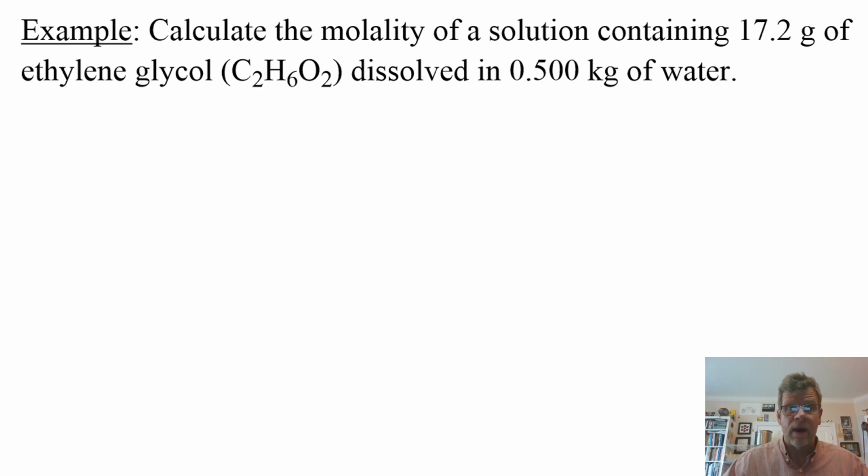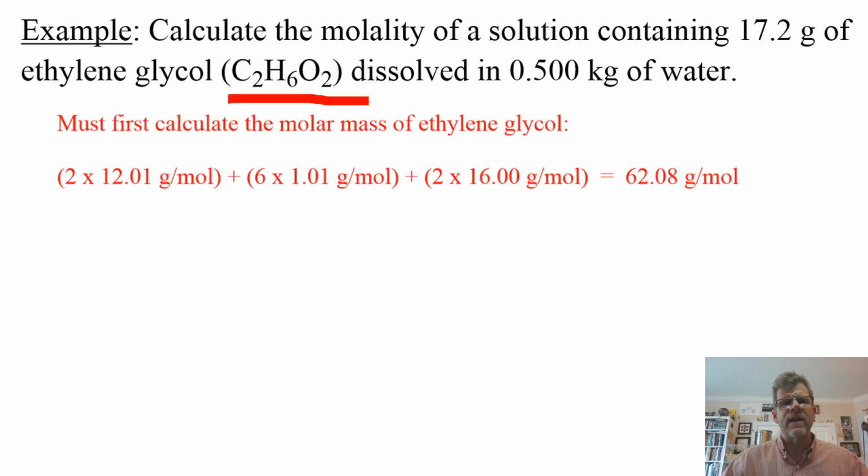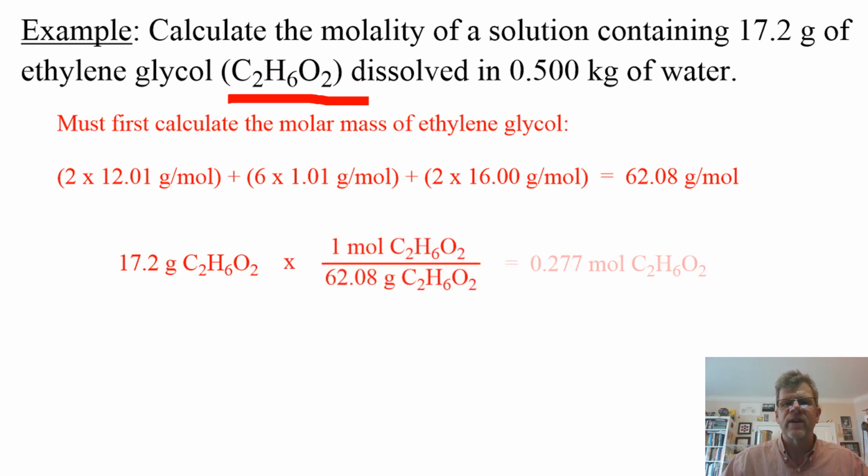Thankfully, we have our chemical formula given of our solute, so we can easily calculate the molar mass of it, as we've done before, 62.08 grams per mole, and then we convert from that gram mass using that molar mass as a per expression to give the number of moles of our solute, C2H6O2, at 0.277 moles. Now, molality is number of moles per 1 kilogram of solvent.